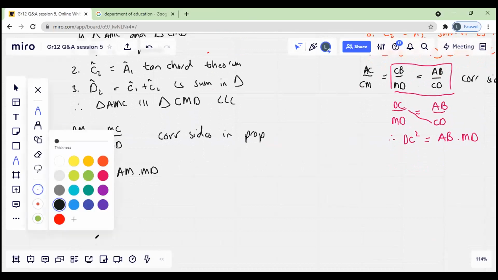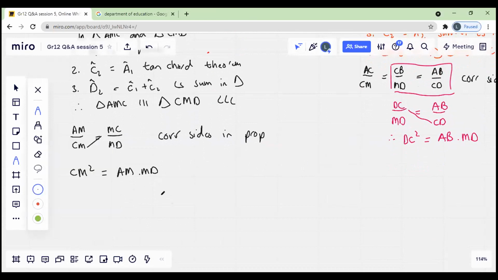Okay, so CM squared, I'm just doing it in the middle of the screen. CM squared was AM times MD. And that all goes over DC squared, which was AB times MD.